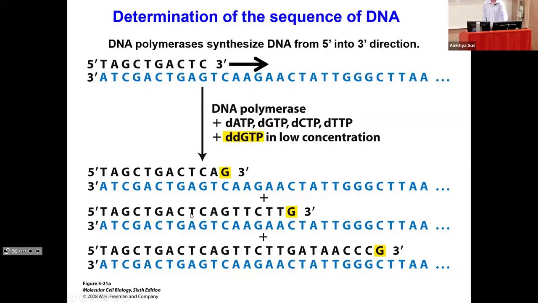So here you would add a version of, for example, dideoxy-GTP to this reaction with the deoxy-GTP in low concentration. So it would stop at certain points in different DNA fragments.